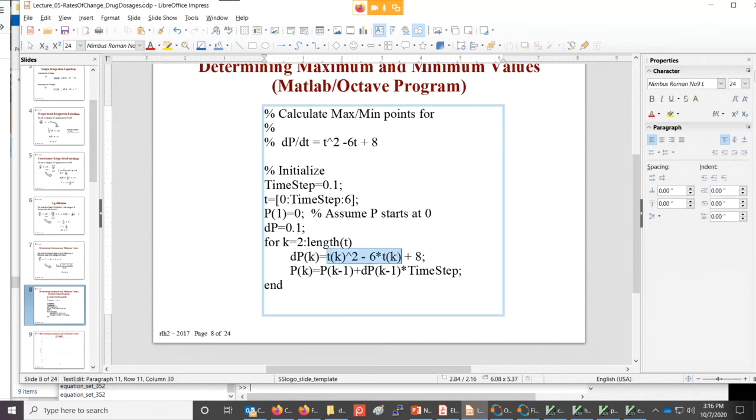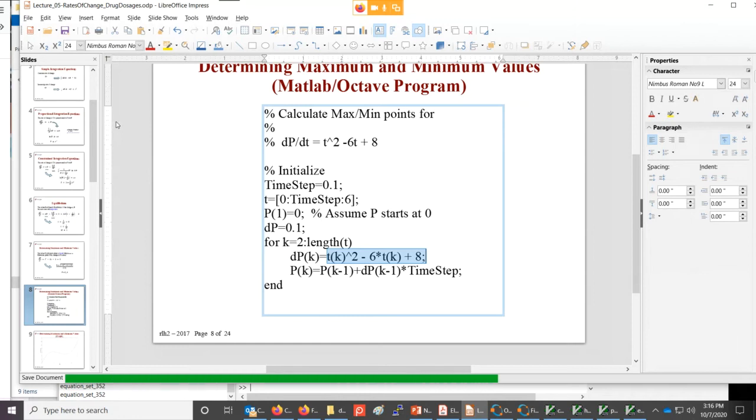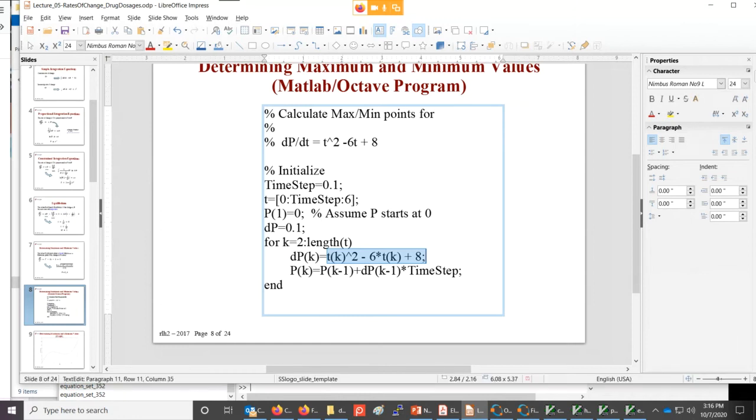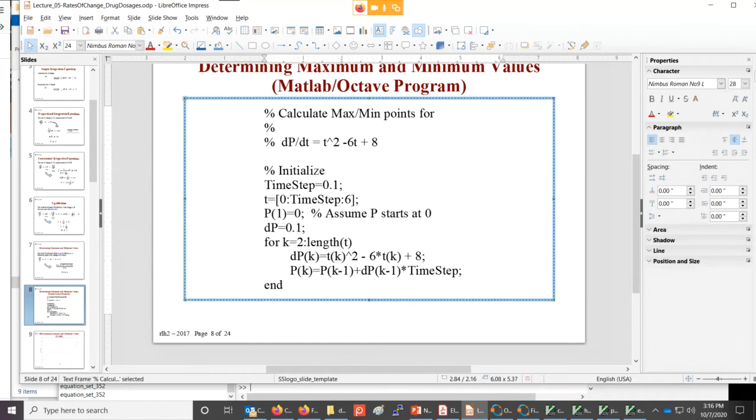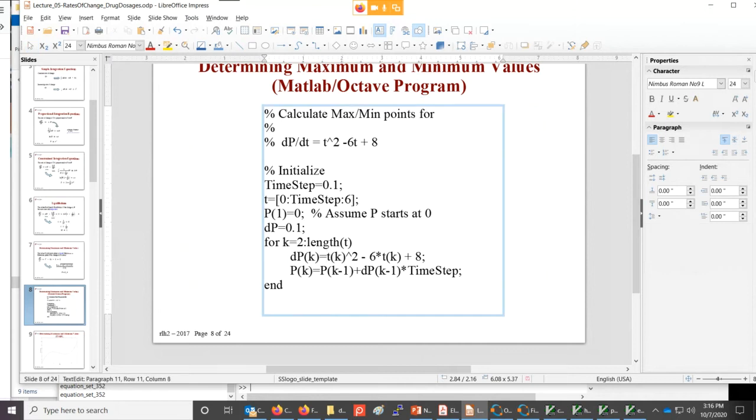Now in this equation, the population isn't here, so that doesn't really apply. But just in general, most of the time in our for loop, we're going to have two sections. The one section is we're going to take the derivative, so we're taking the derivative to find out the rate of change.